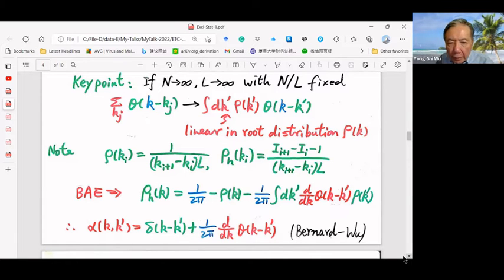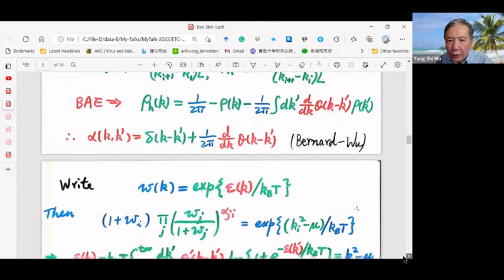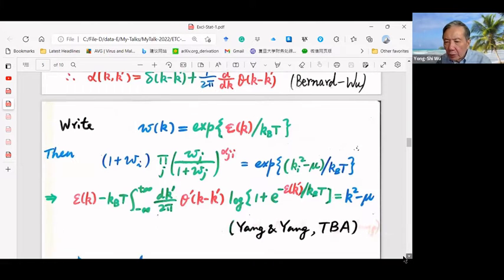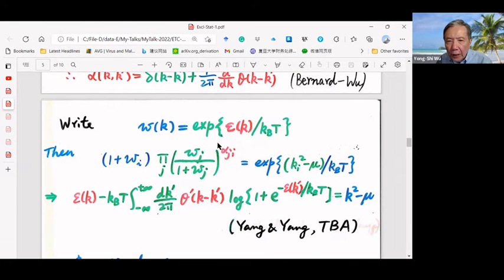Okay, so we can determine the mutual exclusion statistic function like this. If we write W of k like this, then the equation for W obtained actually becomes this integral equation.